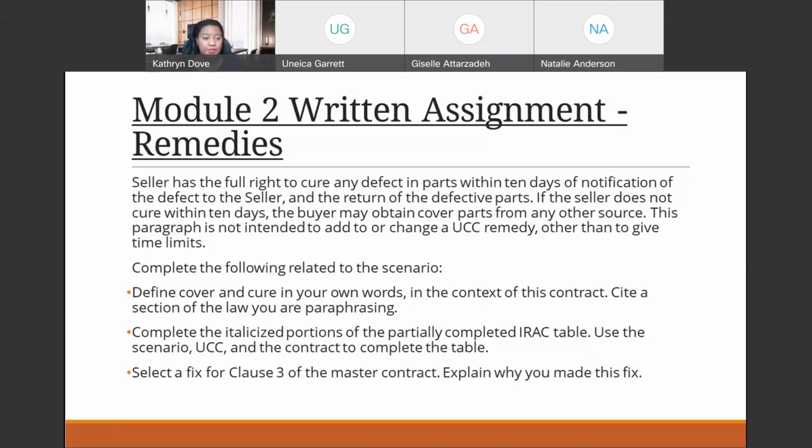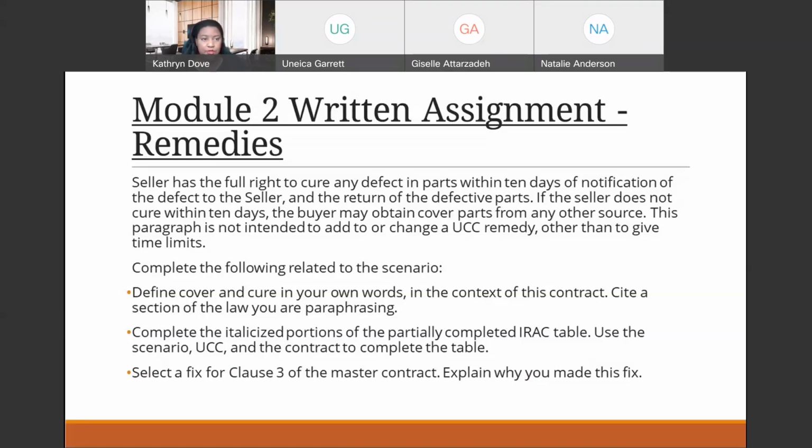Okay, so the next part of your assignment that you'll be submitting is to complete the italicized portions of the IRAC table. You would not necessarily need to write that in an essay if you don't want to. Do exactly what the assignment asks. Define cover and cure in your own words. The next part of your answer will be to complete the italicized portions of the IRAC table.